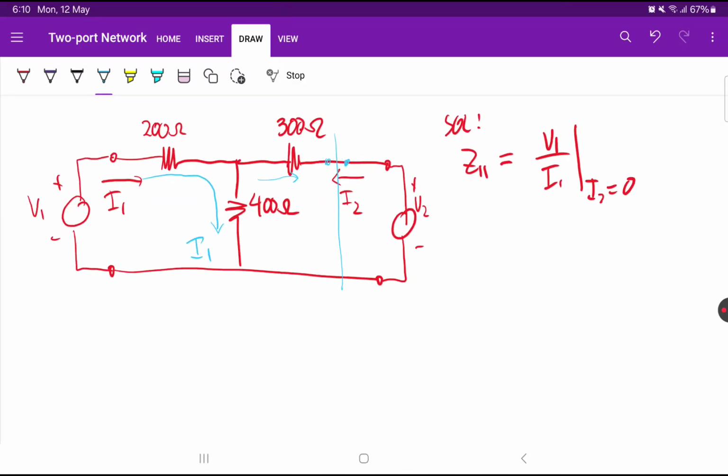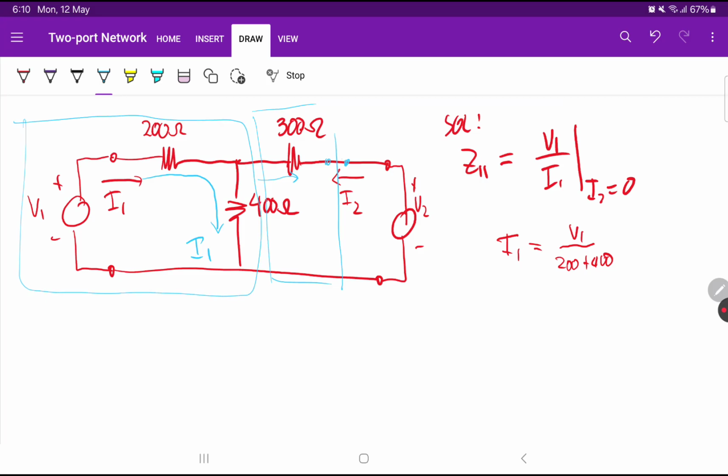So if I solve for I1, it is just equal to the total voltage V1 divided by the total impedance, which is 200 plus 400. Why? Because they are in series. So we just remove this part here because it's open circuit. So we don't care about that part. So this is just the circuit that we're looking at when we solve for Z11.